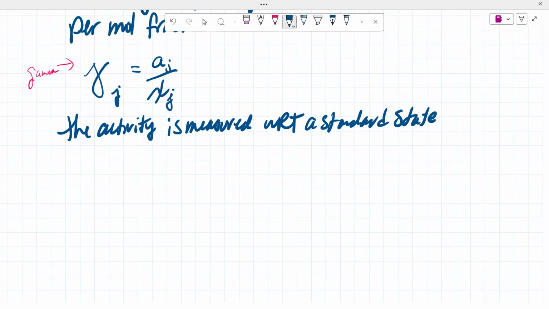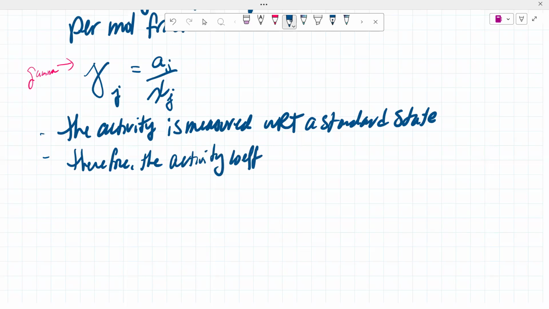Therefore, the activity coefficient is also with respect to a standard state. Gamma is also with respect to a standard state.